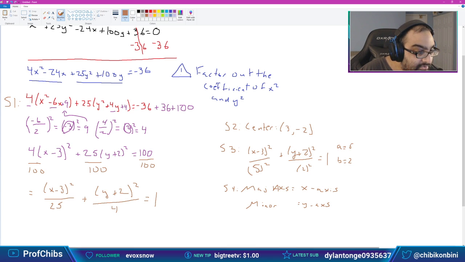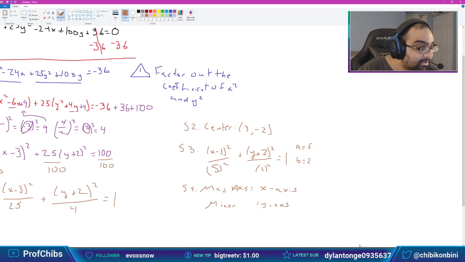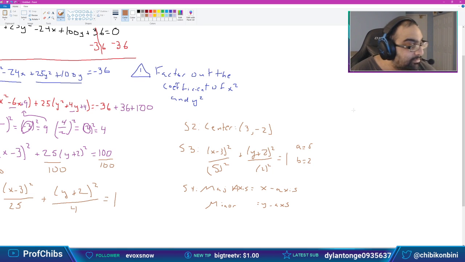And you notice that the rest of the problem here is exactly the same. Nothing much is happening, at least in terms of the process. Step 5 is to find your major and minor vertices. Our major vertices here are on the x-axis, so we're going to add and subtract 5 to the x-coordinate. The x-coordinate is going to be 3.